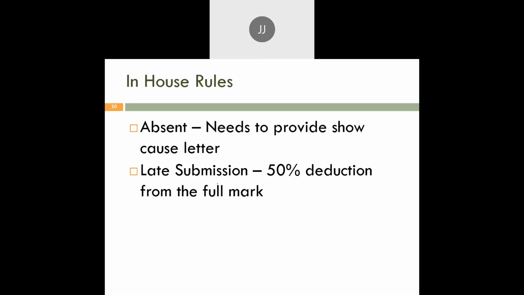Okay, for late submission, if you are over the due date, then you can only get 50% of the full mark. Okay. In most cases, I normally extend the due date, because we are all working. So I'll understand that you need more time. Okay. After 1 or 2 extensions, if you still have not submitted, I cannot do anything.